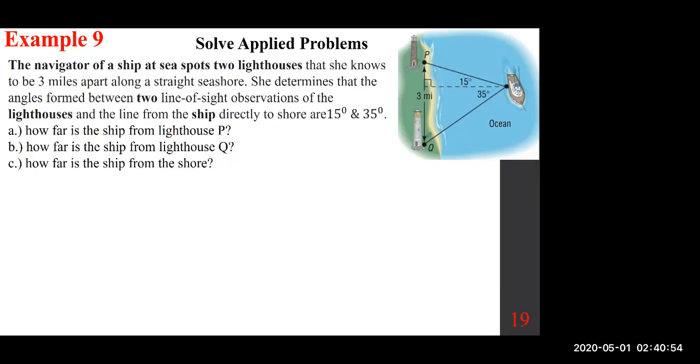She determines that the angles formed between two line-of-sight observations of the lighthouses and the lines from the ship directly to shore are 15 degrees and 35 degrees. A, how far is the ship from lighthouse P? B, how far is the ship from lighthouse Q? C, how far is the ship from the shore?